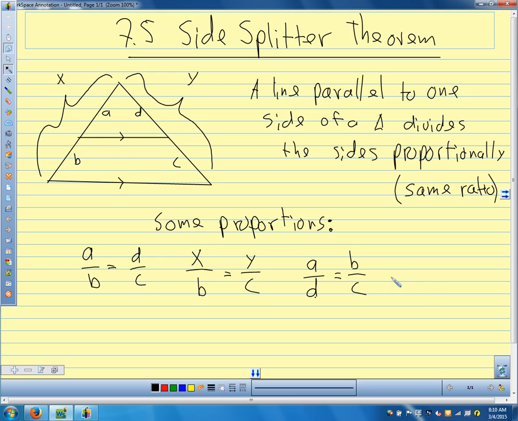I could do X over Y. This whole side divided by this whole side equals B over C. The bottom over the bottom. Lots more that we could write, but depending on how the problem is set up, these are some of the proportions that we could use. And the key is that this segment is parallel to the base of the triangle.